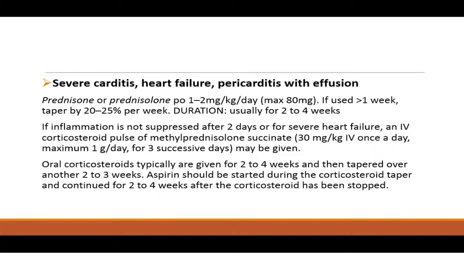For 3 days, such a regimen can be given to control severe heart failure, severe carditis, or if carditis is associated with affection of other organs. We said it can be pneumonitis or nephritis or encephalitis, or if polythyroiditis takes place. So pulse therapy can also be used for a patient with an acute and severe attack of acute rheumatic fever.